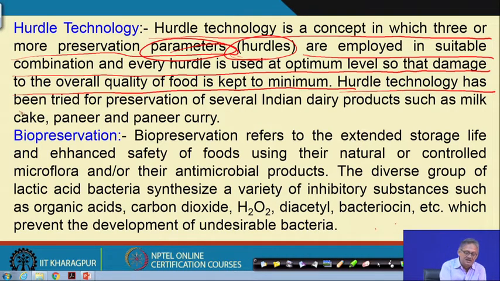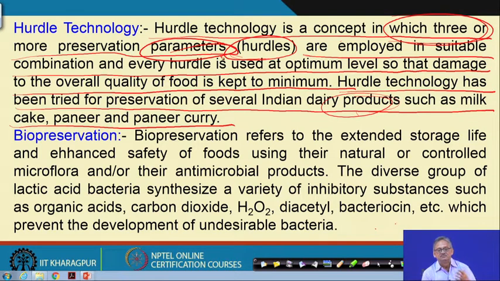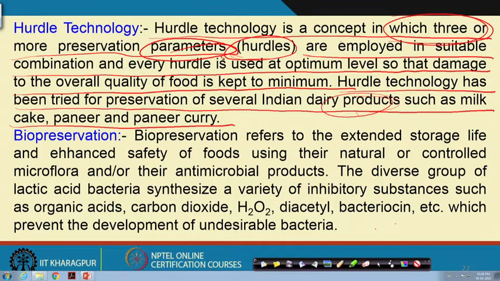Hurdle technology has been tried for preservation of several Indian dairy products such as milk cake, paneer and paneer curry, right. So, in this hurdle technology, 3 or more parameters, that is the hurdles, are employed, right.